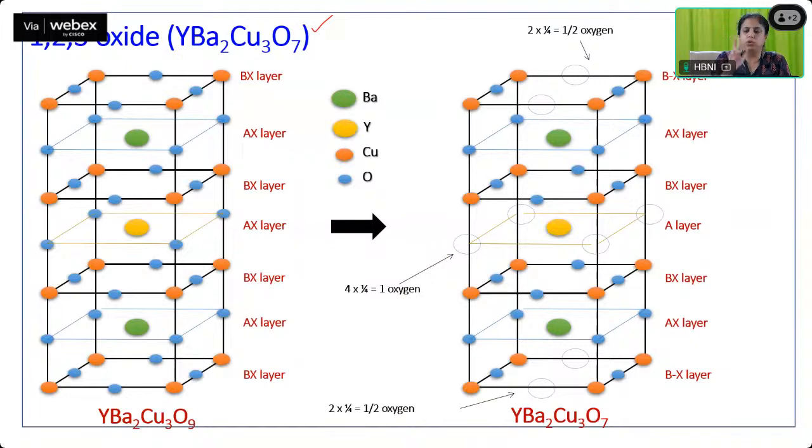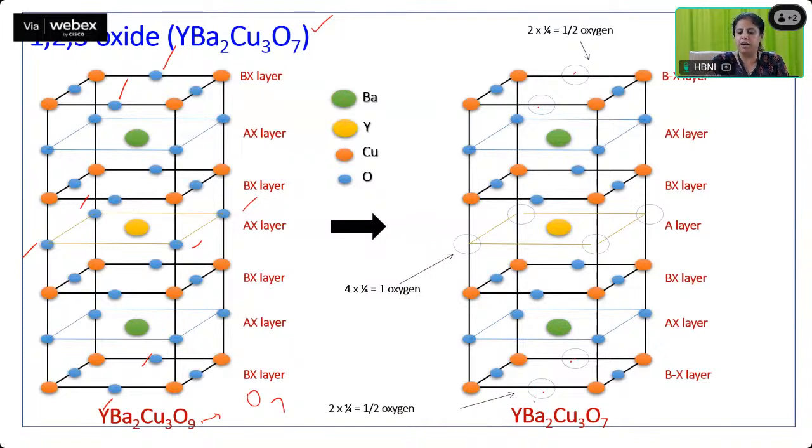And where do those oxygen go from? These four go, and these two go. And how they correspond to 2, like from 9 I go to 7, because these four are now the edge center.